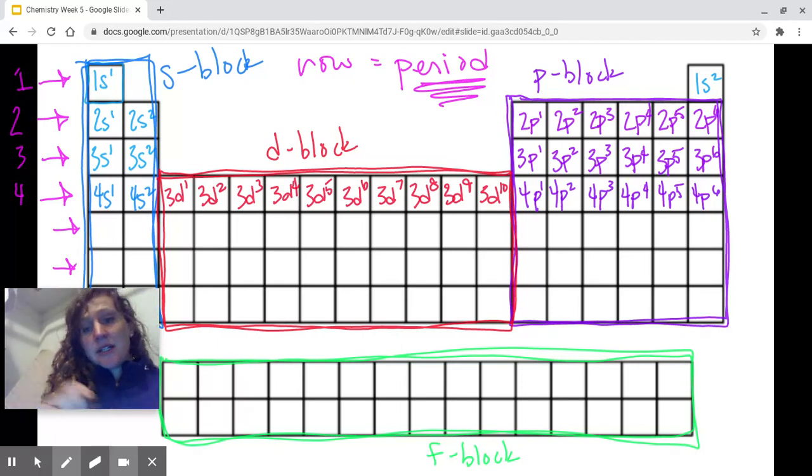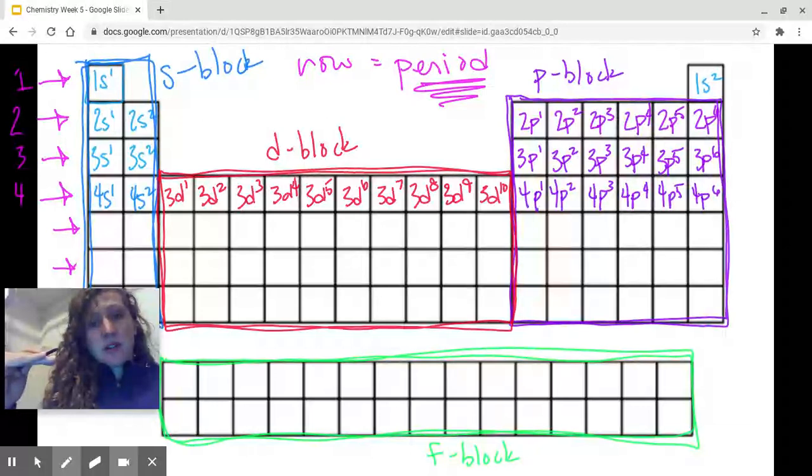And these periods, notice, they line up with the energy level. So we can pick a random element off the periodic table, and I can tell you exactly which energy level its last electron is going to go into.